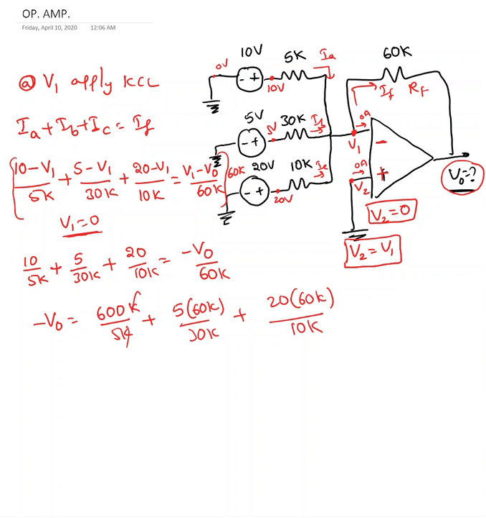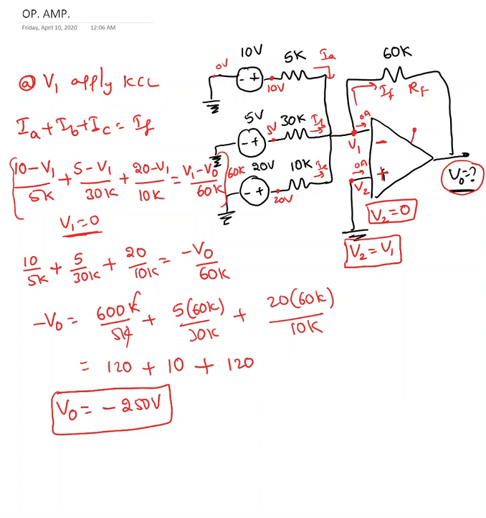So K gets cancelled out here. This is 120 plus this is 10 plus 120. Okay, so here V0 equal to minus 250 volt. That's the output voltage.